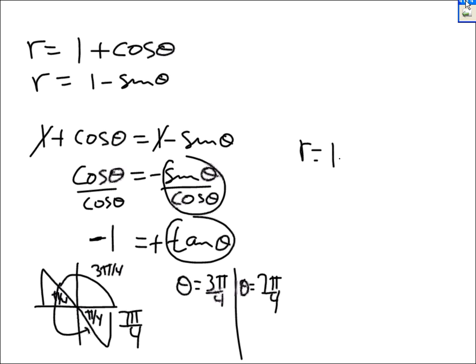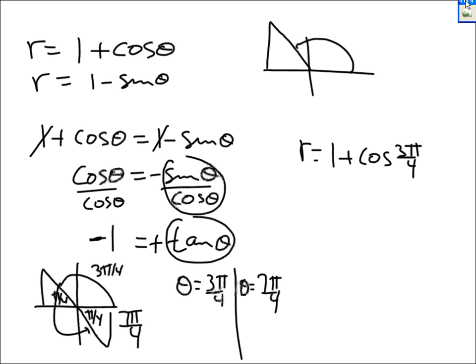R is equal to 1 plus cosine 3 pi over 4. Well, cosine of 3 pi over 4, well, the angle's right here. That angle is 3 pi over 4, which makes that pi over 4. So it's 1, 1, square root of 2. This is negative, this is positive. The cosine is negative 1 over square root of 2.